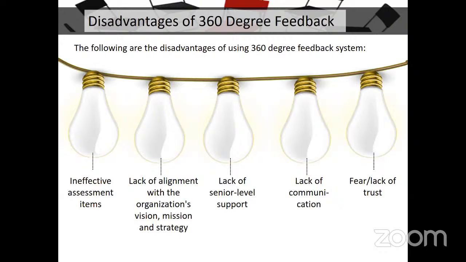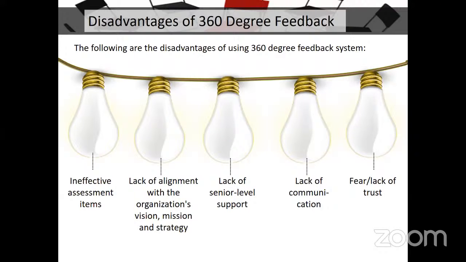Lack of senior level support. Like I said, if you don't have the senior level support, whatever you're trying to implement, then it becomes very difficult. Lack of communication, people don't know what it is all about. And that's why we need to create a lot of awareness, let people know. Then of course, is there that fear and lack of trust? They're like, wow, why is management doing this? Why are they involving everybody? You're like, what will my peers think about me?